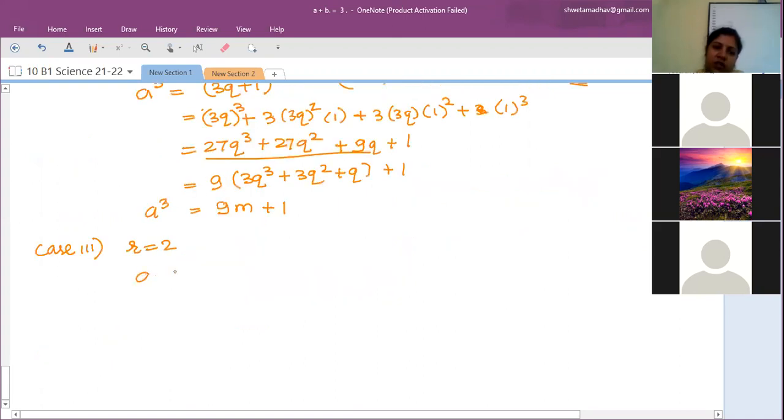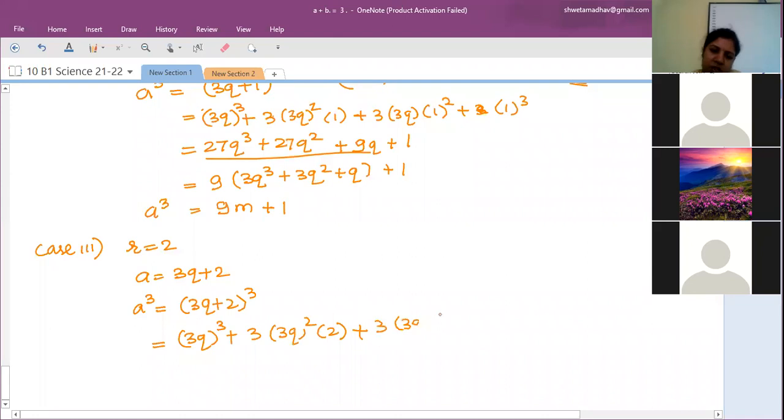So a is equal to 3q plus 2. Now taking cubes, (3q plus 2) whole cube. So it is a cube plus 3a square b plus 3ab square plus b cube.